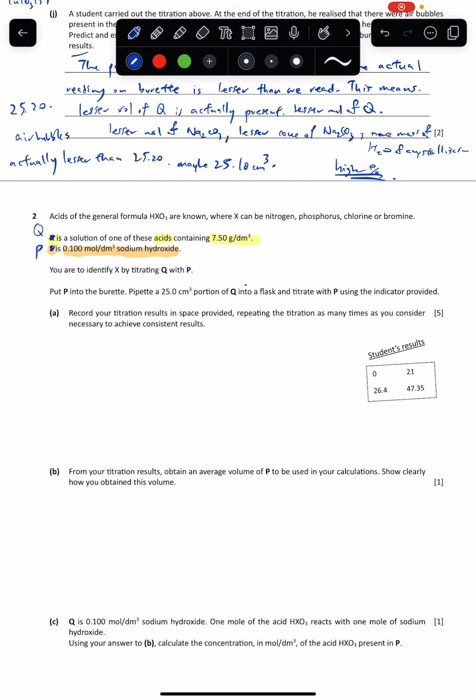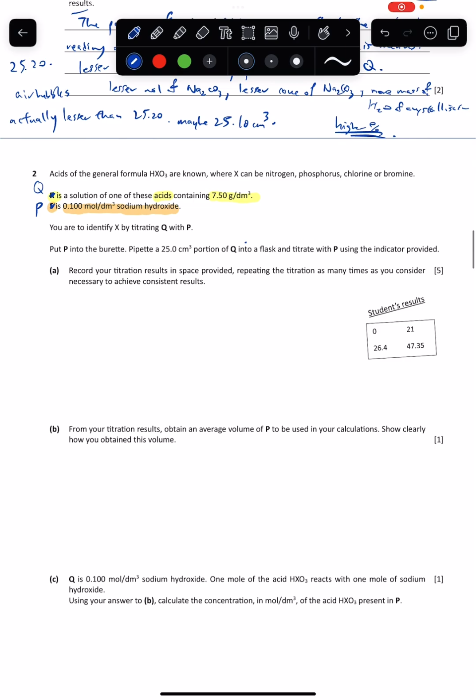So when you do then, okay, what else do you have? You have the volume, right? So you have the volume 25 of Q. Okay, let's start to do the table.